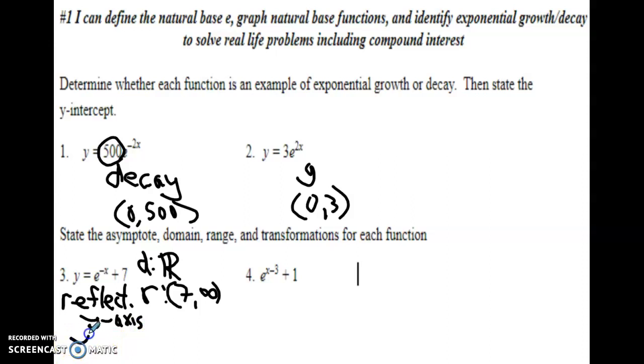And then it's also going to be shifted up 7. It also has an asymptote, and this is a typical exponential function. The asymptote of the parent function would have been y equals 0, but because it's being shifted up 7, the asymptote is now y equals 7.